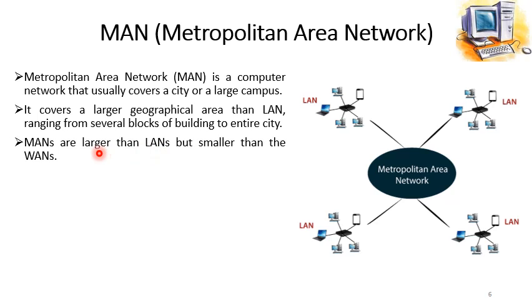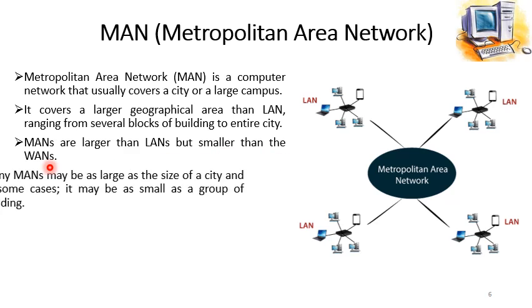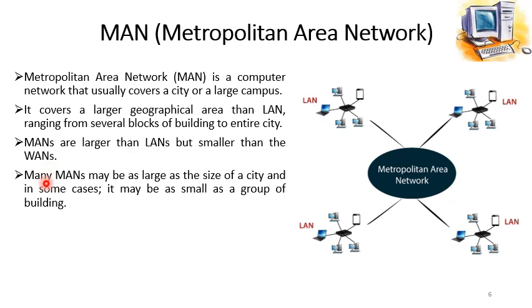MANs are larger than LANs but smaller than WANs. Many MANs may be as large as the size of a city, and in some cases it may be as small as a group of buildings.